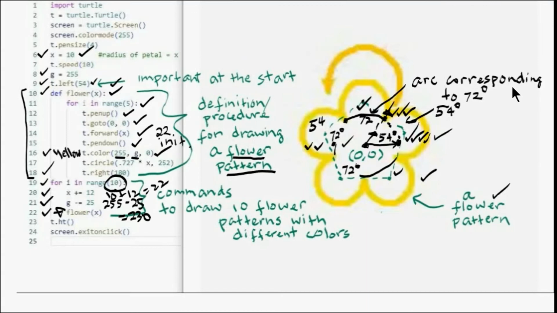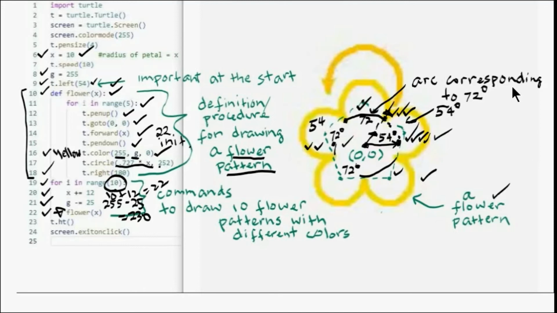And then I draw an arc. The radius of the arc is 0.727 times the x, which is 22. You might be wondering why this is 0.727. This is computed using trigonometry. Just in case you want to know more about the 0.727, please write in the comment section, and then I will share it with you.